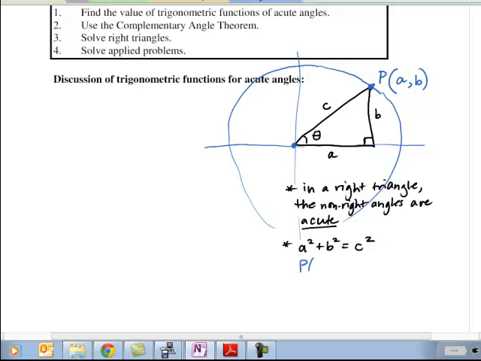So we notice that that point is on a circle of radius C.